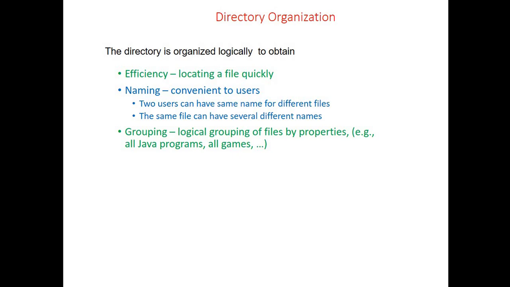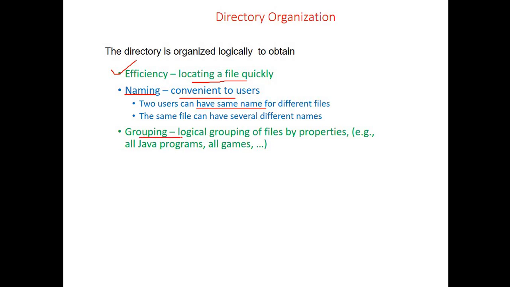Why do we want to organize the directory? In order to locate files efficiently, we need to organize the directory. Convenient naming conventions can be used if you have directories, because if more than one user wants to keep the same name for a file, that is possible if you maintain multiple directories.